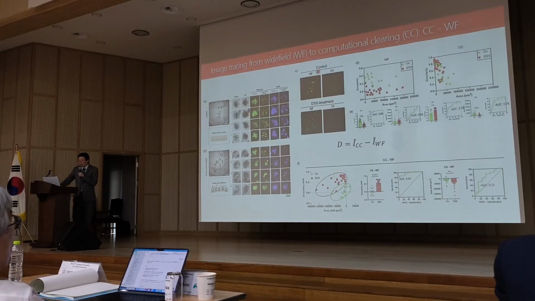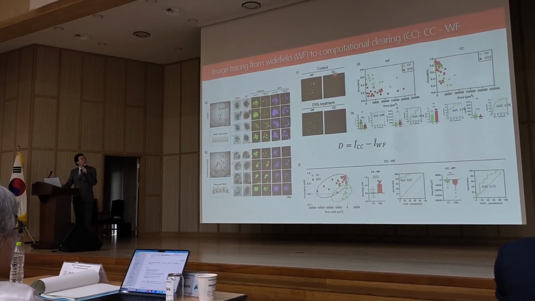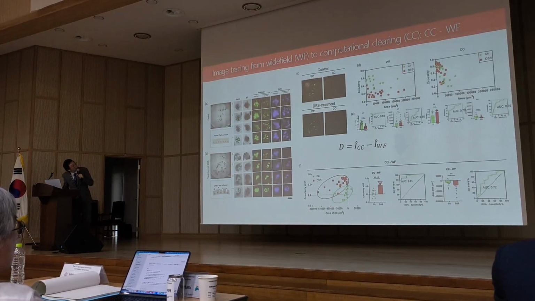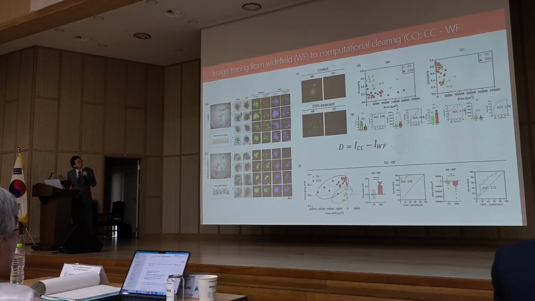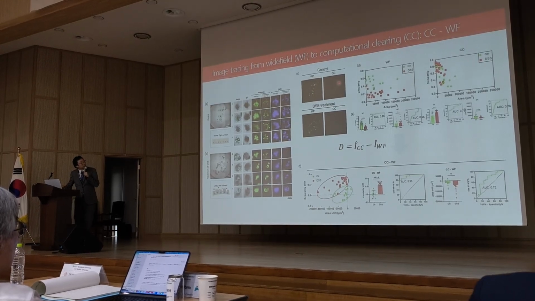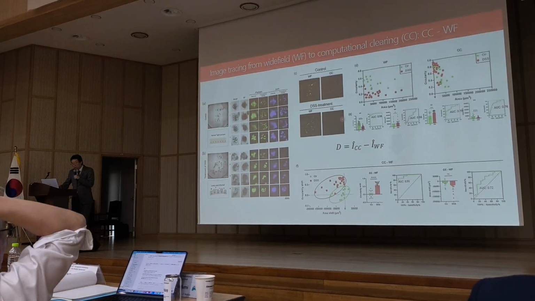And now we apply computational clearing by comparing wide field and computational clearing. Wide field is not shown on this screen, but very broad background noise is there, and that is almost completely removed by CC processing. The DSS treated one also shows the same tendency.